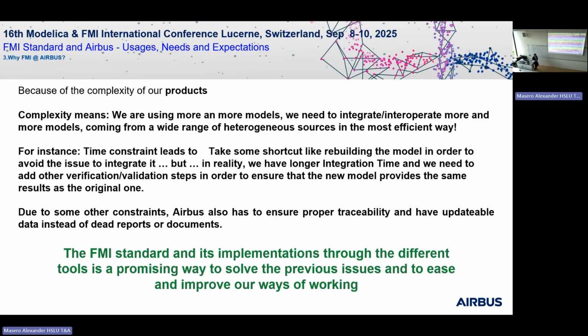We don't decide the model format. When Rolls-Royce provides their model to be integrated in our aircraft, we don't decide with which tool they are producing their models. So we need to deal with that.